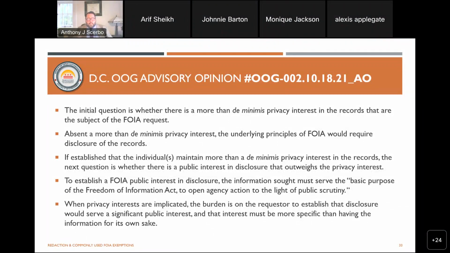When privacy interests are implicated, the burden is on the requester to establish that disclosure would serve a significant public interest, and that interest must be more specific than having the information for its own sake. In this case, the Director of Open Government determined that the public scrutiny interest did not outweigh the privacy interest of the two individuals, the two faculty members in this case.